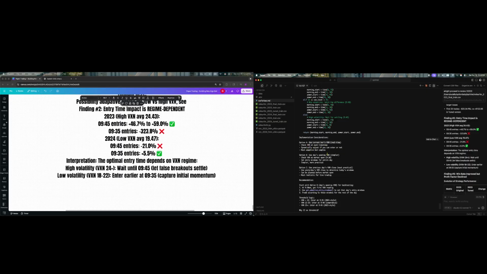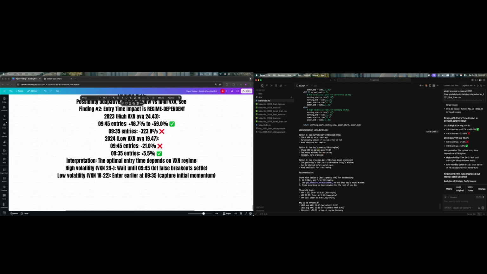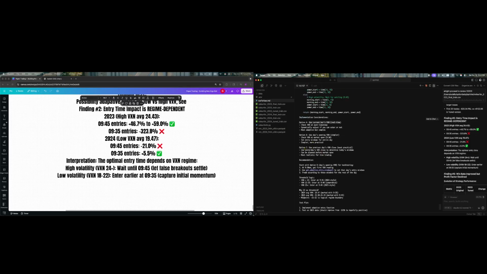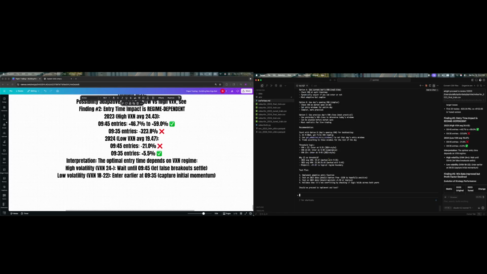It's the most adaptive but complex. Option B uses the day opening VXN bar, checking VXN at market open and setting the entry windows for the entire day. Simpler but more practical. Option C uses the previous day VXN close to determine the window, so it can be planned before market open. Most realistic for live trading.